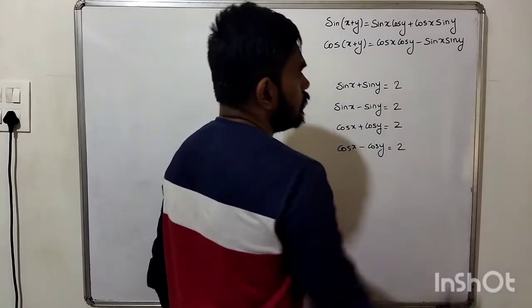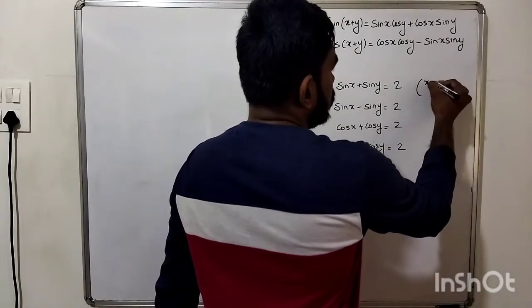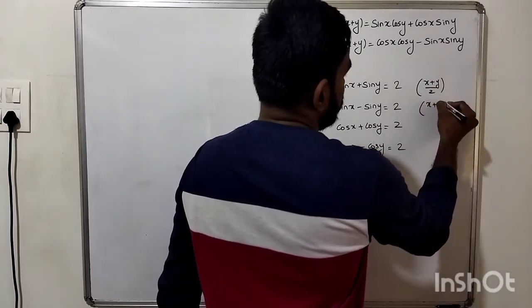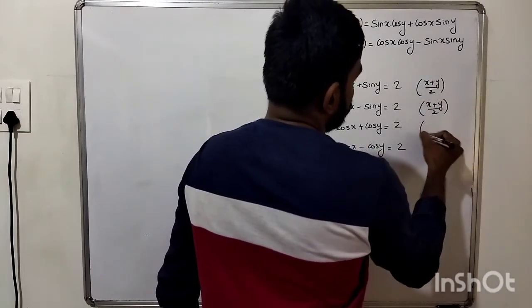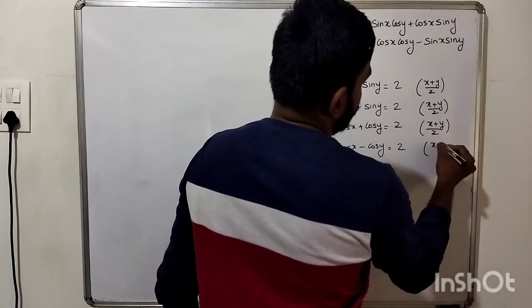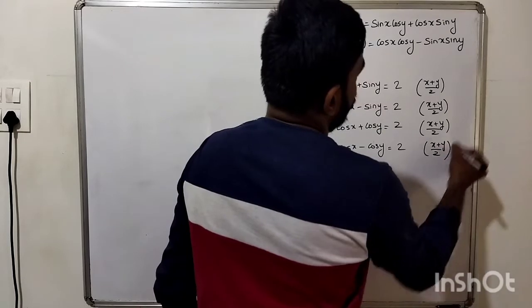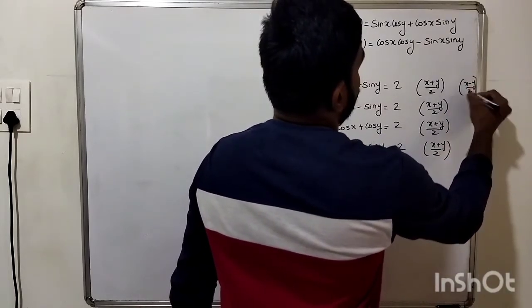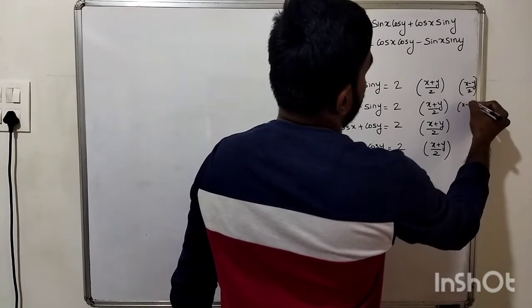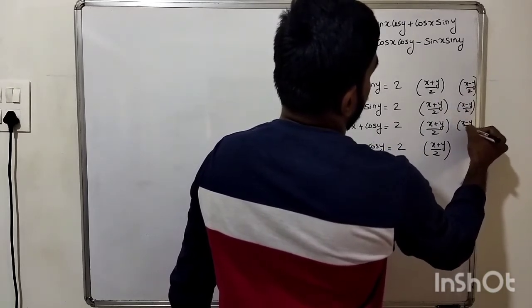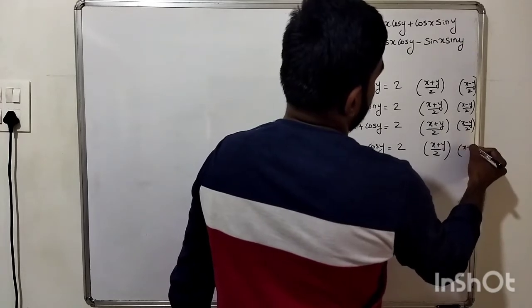Then x plus y upon 2 in the first one, and the same way in the second, third and fourth. And here x minus y upon 2 in all four.